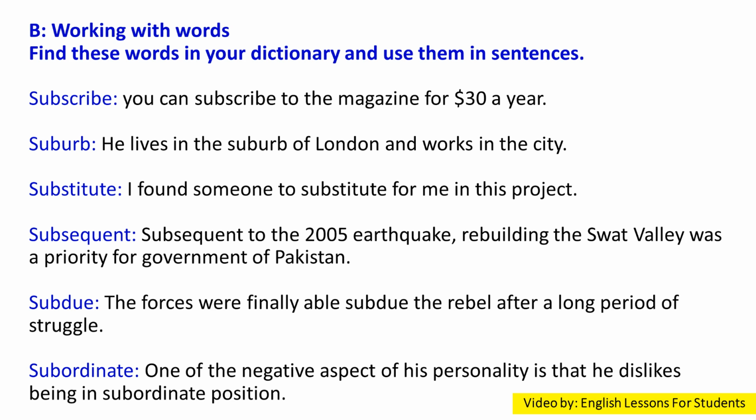A. Subscribe. The meaning is write one's name at the bottom of a document, make or promise a contribution. Engage to take a newspaper for a certain time. So the sentence is: you can subscribe to the magazine for $30 a year.